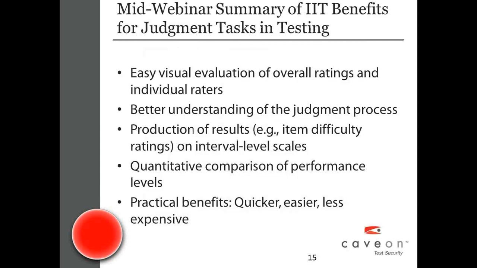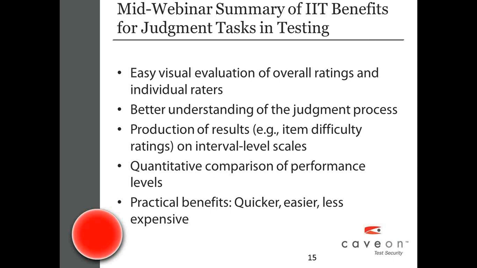So just a little bit of a pause, a mid-webinar summary from what we've seen so far. There's easy visual evaluation of overall ratings and individual raters. There's better understanding of the judgment process. How are they combining? How are they making those judgments? What model is it: additive, multiplicative, or is there another way?